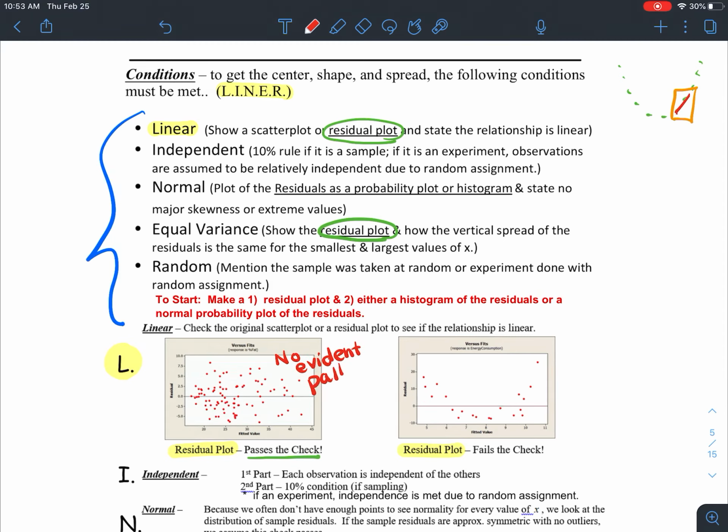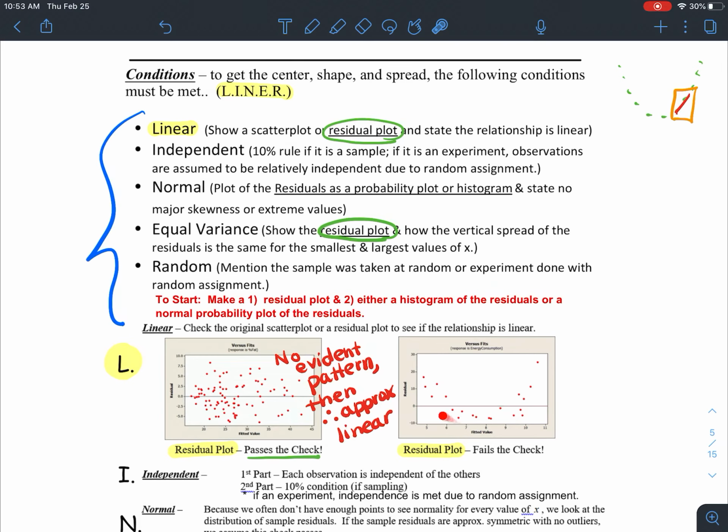If there's no evident pattern in the residual plot, then it is approximately linear. The "it" that I just said refers to the original scatter plot, which would be approximately linear if the residual plot shows no evident pattern.